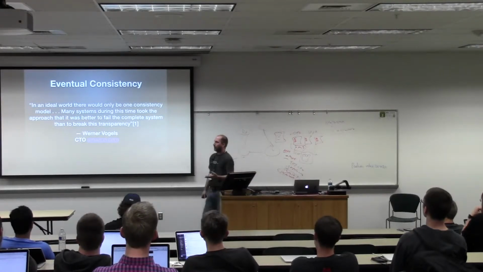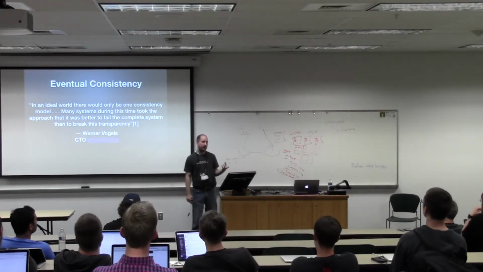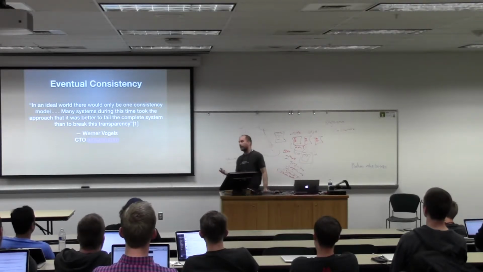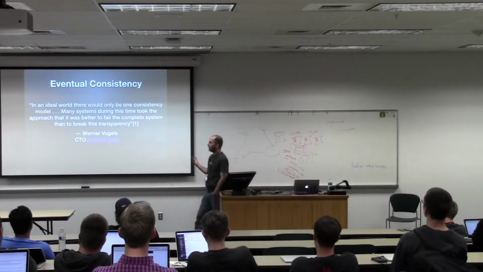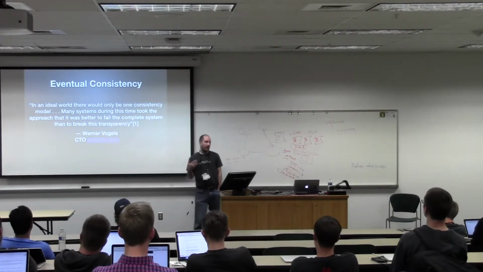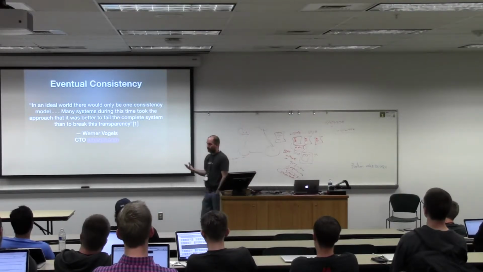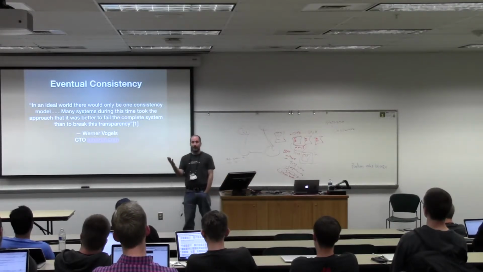Werner Vogels is the CTO of Amazon, and one of the things that he can take pride in is that the Dynamo architecture basically came out of a lot of the needs that Amazon had, right? So Amazon, what's their business?